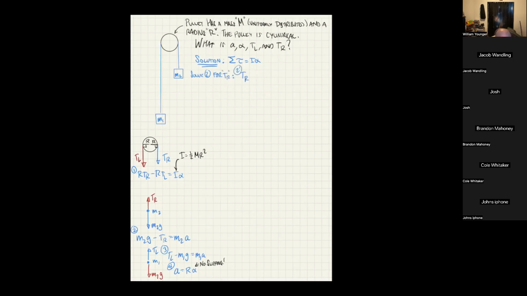It'll give me TR is equal to M2 times G minus A. Now I'm going to solve equation 3 for TL.